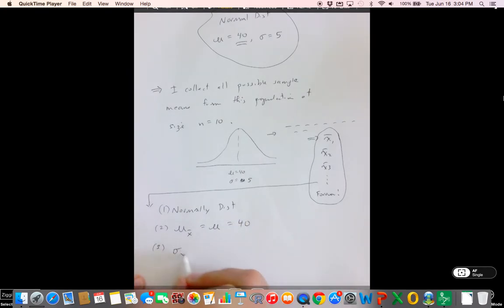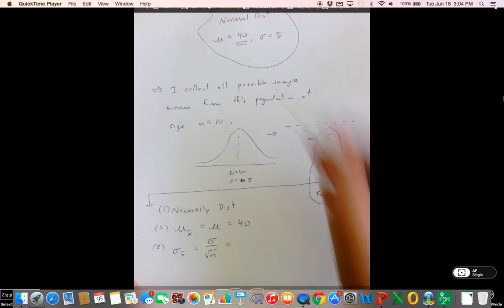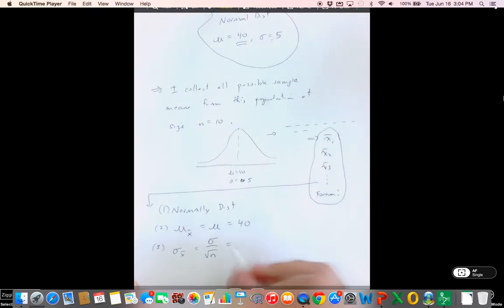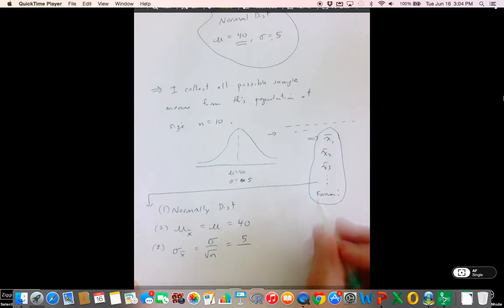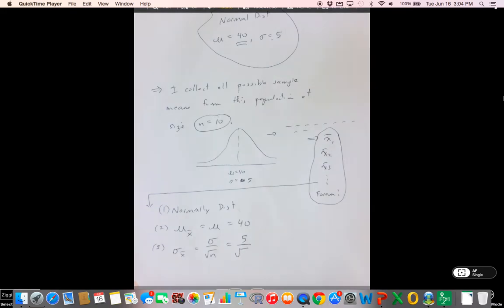They will have a standard deviation equal to the original standard deviation divided by the square root of n. Original standard deviation is 5 over the square root of n, and we took these things out at what, 10 at a time?